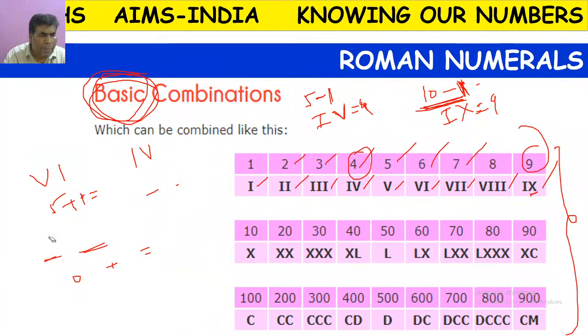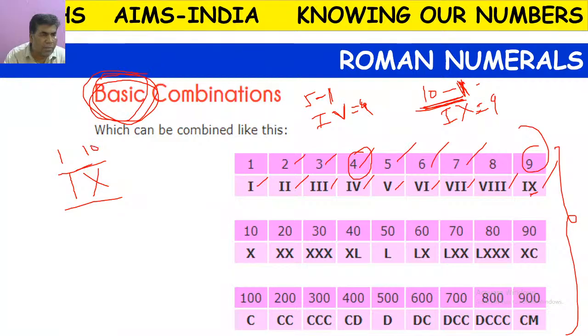Once again, children, I am repeating. Please listen carefully. If they write IX, what is the value of I? I value is 1. What is the value of X? X value is 10. What is coming first? Smaller number is coming first. So then we have to subtract, how?